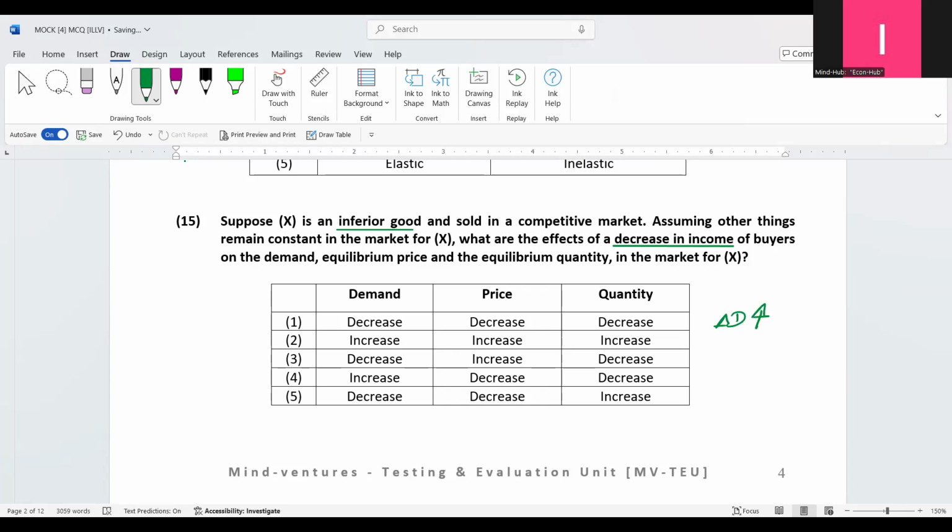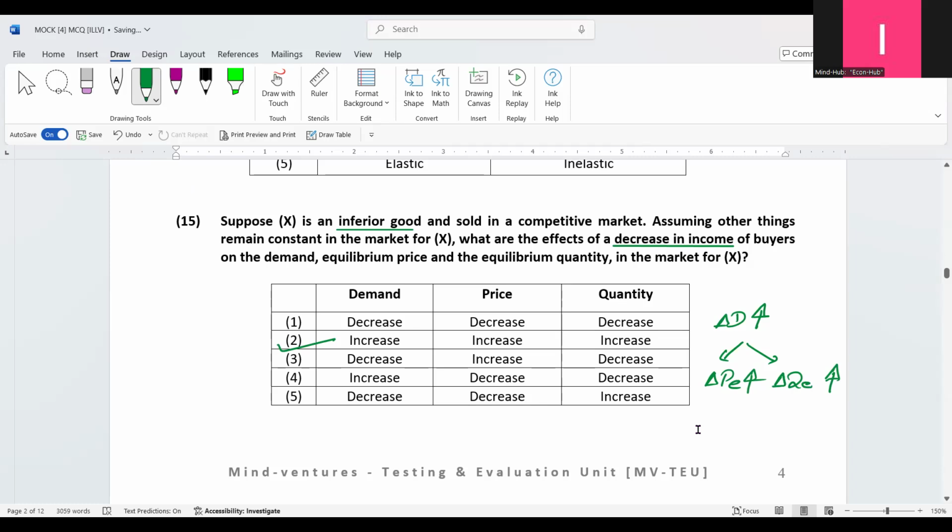Got it? If demand increases, we know that demand rule has told us, we have learned very comprehensive tools. Demand relationship with equilibrium price is positive. Relationship with equilibrium quantity is positive. So increase, increase, increase. All three should be increase. Correct answer number 2. You can draw a diagram or you can use your tools that you have learned and easily apply.